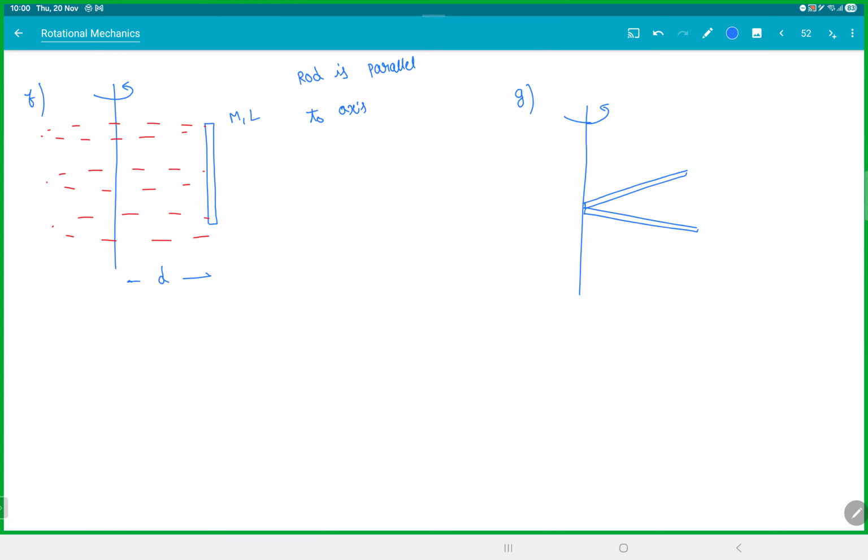What if you have a rod which is bent in the center like this? Meaning, this is the top view, this is the axis.